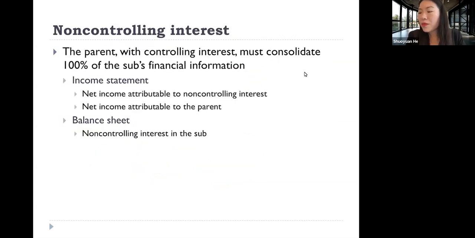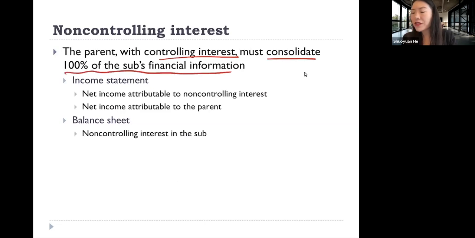So that is called non-controlling interest. And the parent, so what do we do under this situation? The parent with controlling interest must consolidate 100% of the subsidiary's information. Specifically, as we are going to see later, on the income statement it consolidates 100% of the revenue, cost of goods sold, all of the expenses of the subsidiary.